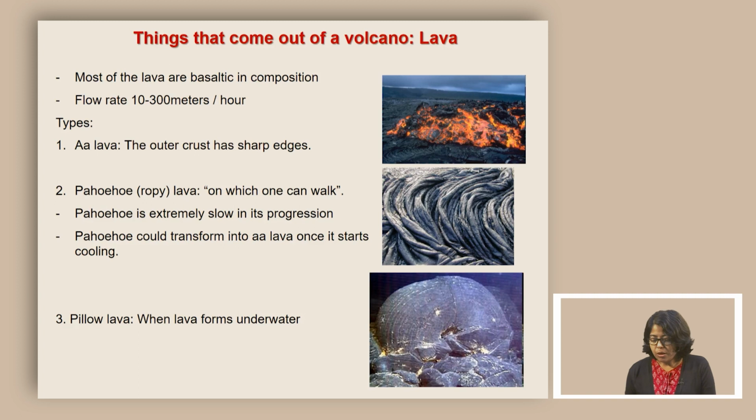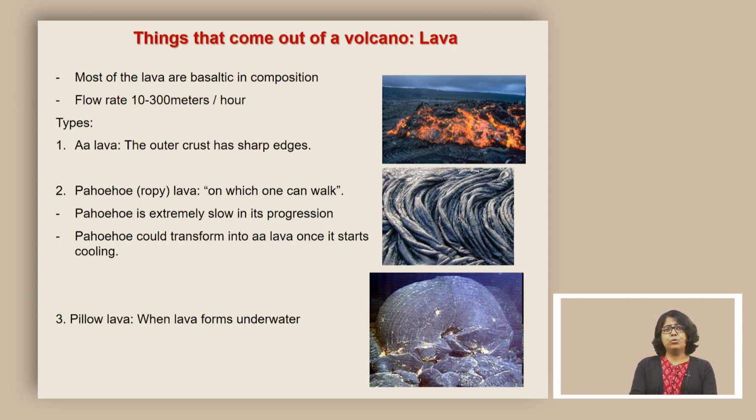So, the liquid phase that comes out is primarily the lava. Once magma reaches the surface, it is called lava, and most lava is basaltic in composition, and the flow rate of those lava could be anywhere between 10 meters to 300 meters per hour.